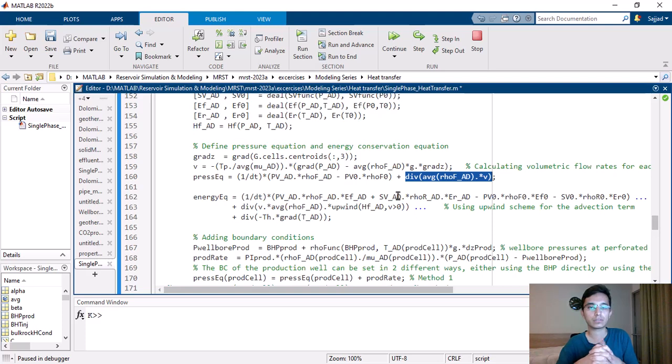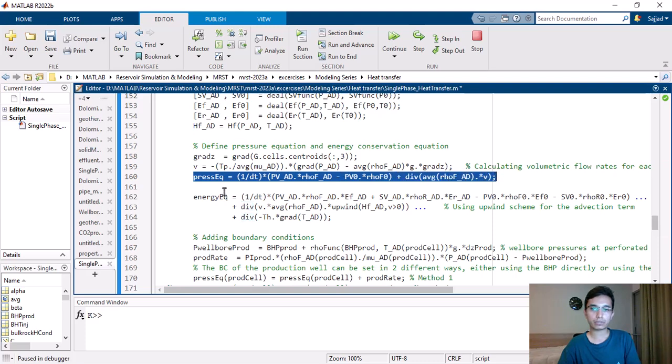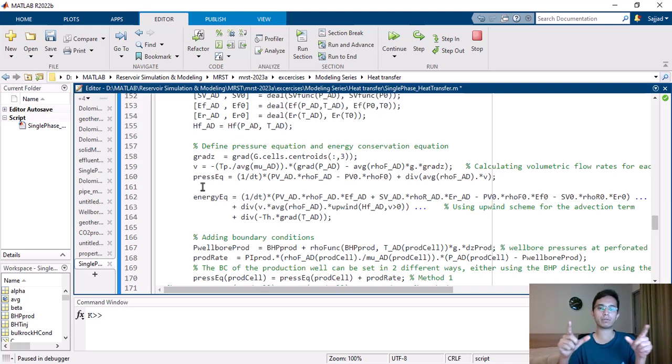All right. So this is the advection term, and we are done with the pressure equation because we don't have any other component. We only have a single component, right? And that's water. So we don't need to have a diffusion term.